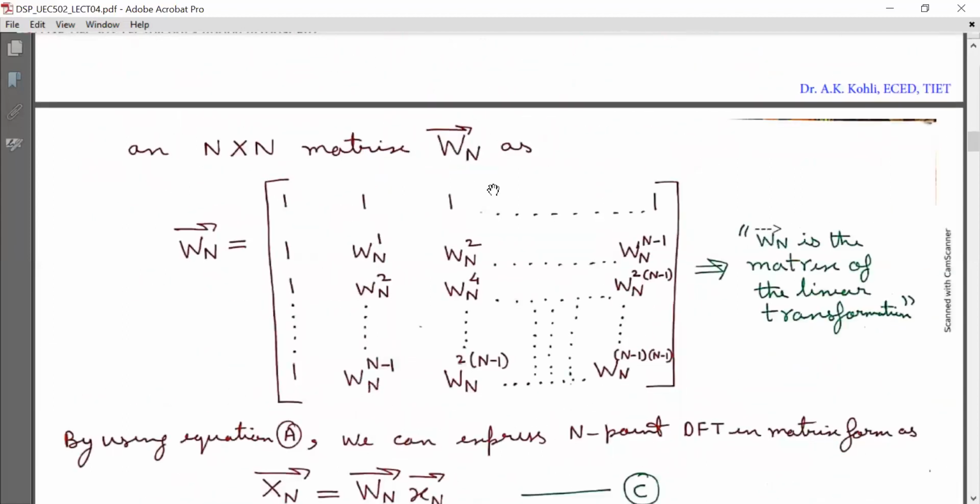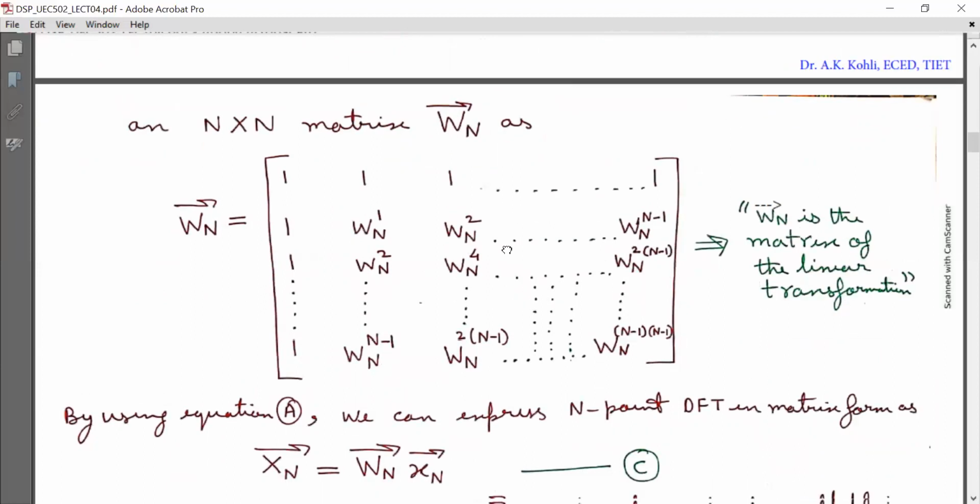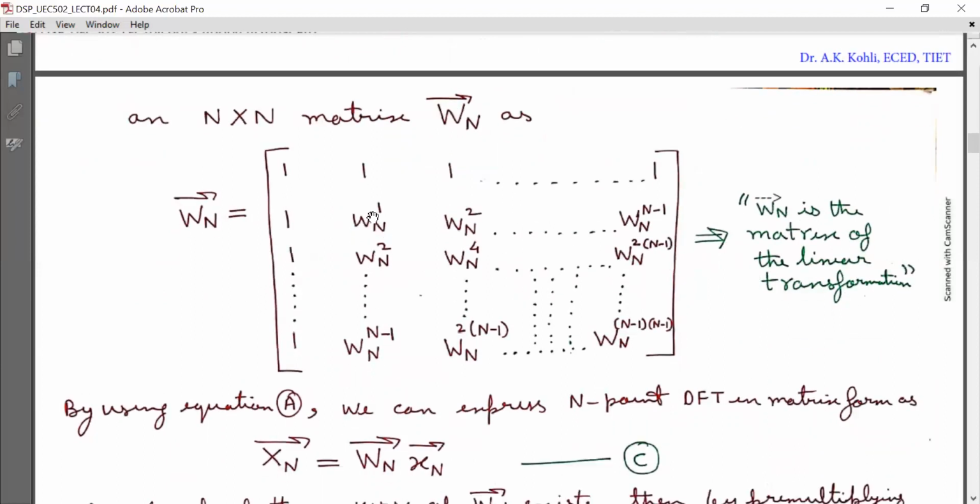And define a matrix capital W, which is the matrix of linear transformation, having dimension N cross N, like this. Here the twiddle factors are arranged in a certain fashion.